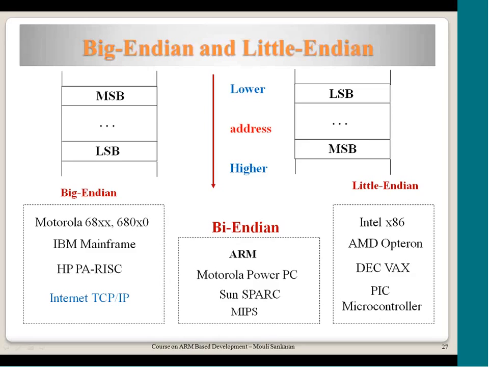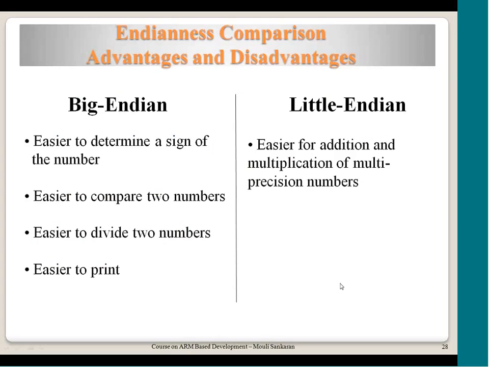It is configurable at power on, and could even be changed while the program is running. But you need to be very careful: the Endianness used for storing a value must be used to read it back, so that the correctness of the program and of the data read from memory is achieved. Now, what are the advantages, if at all, in any one of the modes?